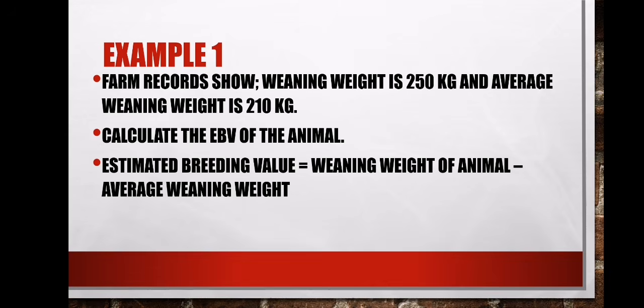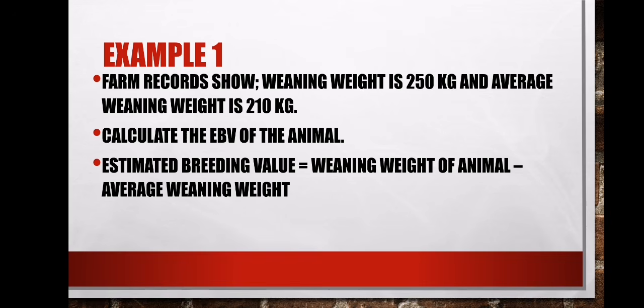The first thing when you do a calculation, if you recall, you write the formula. What does it say? Estimated breeding value is equal to winning weight of animal minus average winning weight. You will get a mark for writing the correct formula. Once you write the formula, then you substitute.